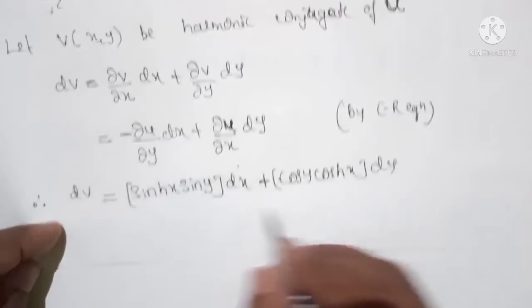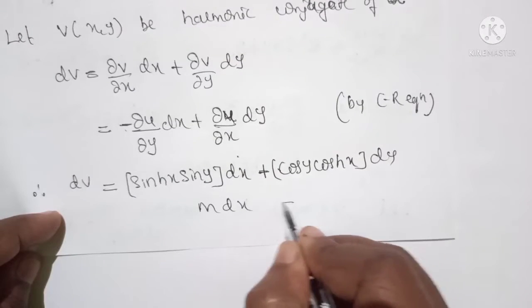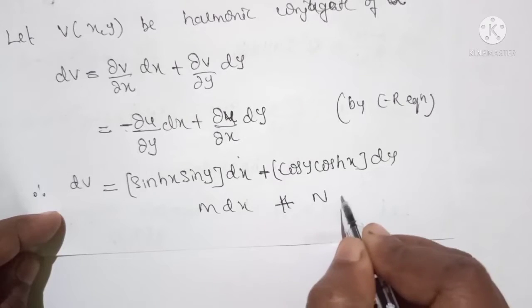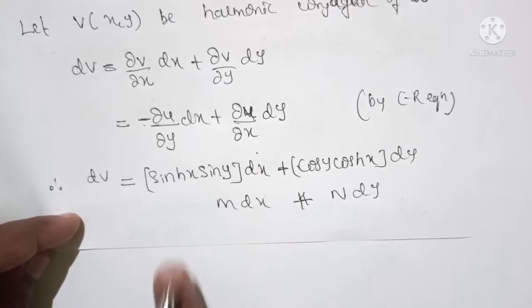Again it takes the form m dx plus n dy. So here m is equal to this one.